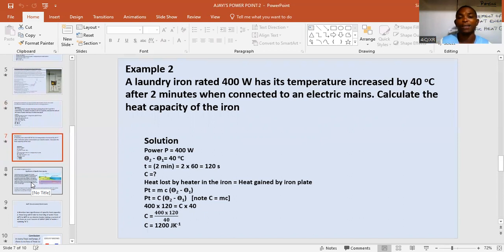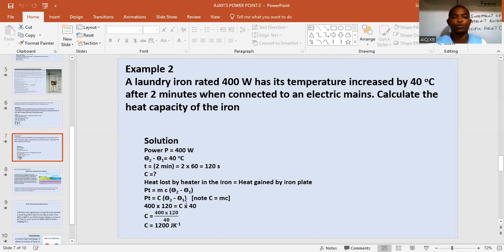Then we're looking for our thermal or heat capacity. Heat lost by the heater in the iron is equal to the heat gained by the iron plates. So that means power times time equals MC change in theta. And we should note that the relationship between heat capacity and specific heat capacity is: heat capacity equals mass times specific heat capacity.